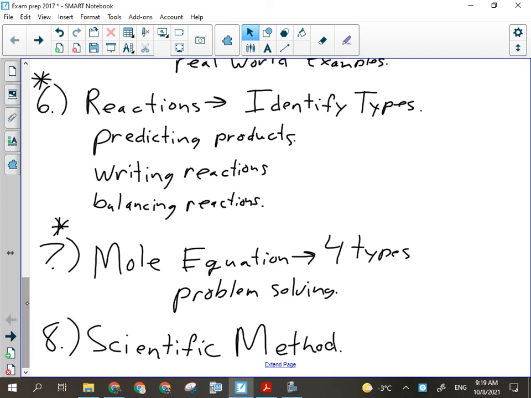So the whole test is out of 84. To give you an idea, in the written response, as I said, there's 51 marks. 27 of them are reactions. Fourteen of them are mole equation.